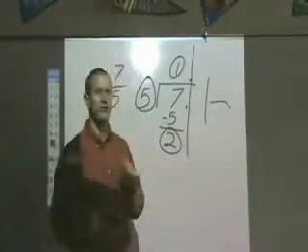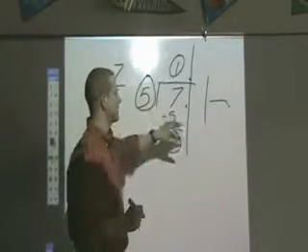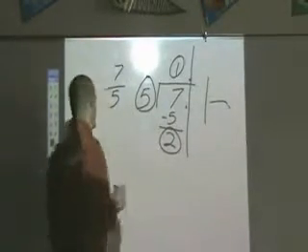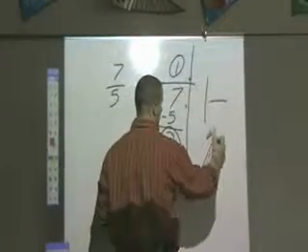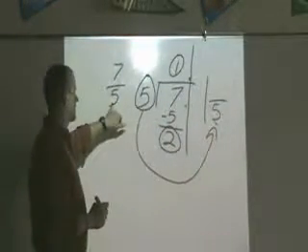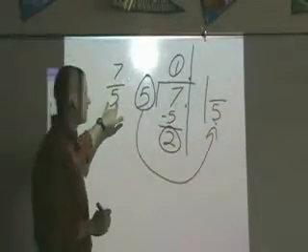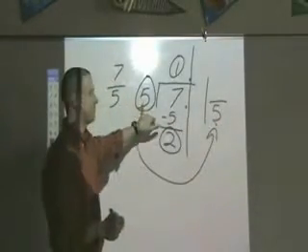Here's what I tell my kids. Your denominator is not going to change. When you make an improper fraction to a mixed number, your denominator is not going to change. So my denominator is going to remain 5. Because my denominator in my improper fraction was 5, my denominator in my mixed number is going to be 5. And I just pull it from here.